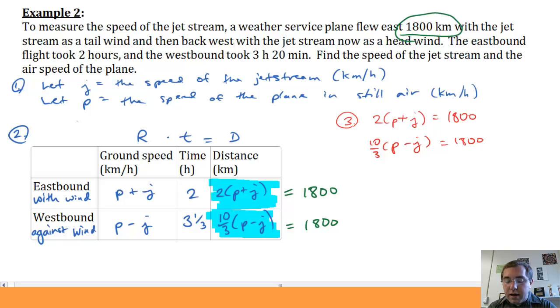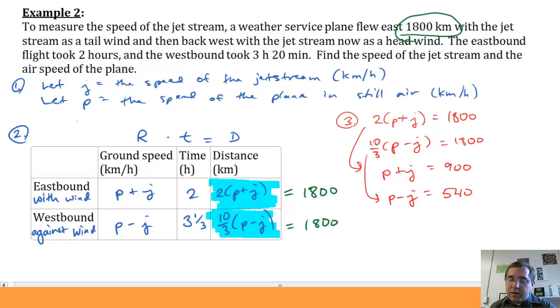Now, those look like complicated equations, but they're really not, because we could take the first one, divide both sides by 2, and just get P plus J equals 900. And we can take the second one and multiply both sides by 3/10, the reciprocal of 10/3, and get P minus J equals 540.